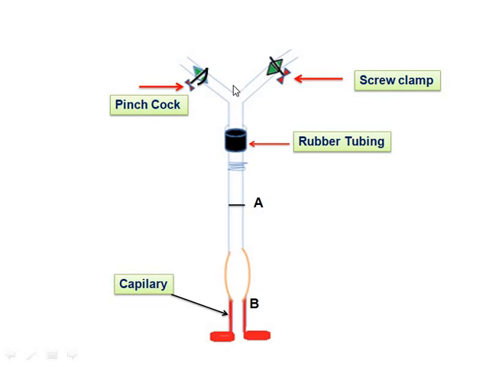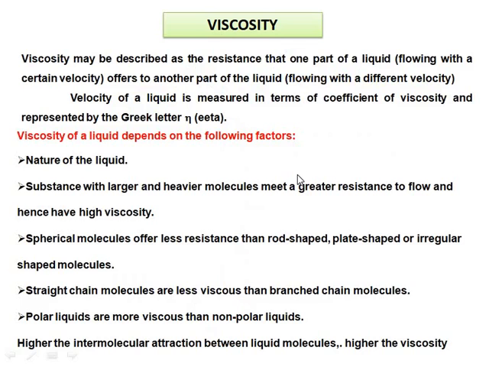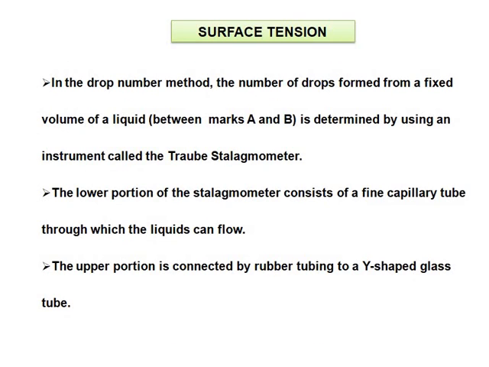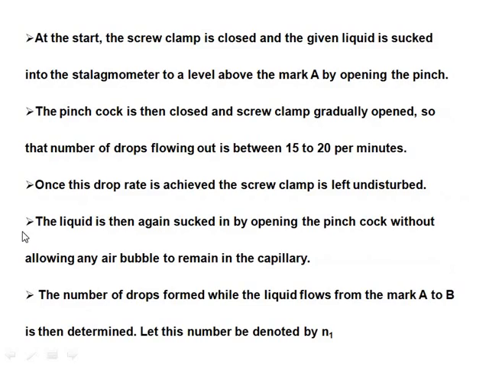After sucking the liquid, the pinch cock is fitted and the screw clamp is opened. So firstly, this is the stalagmometer with a fine capillary tube through which the liquid can flow, and the upper portion is a Y-shaped glass tube.